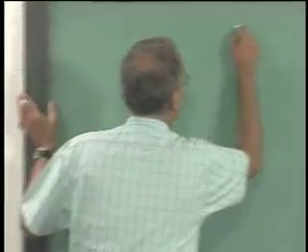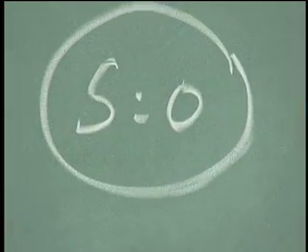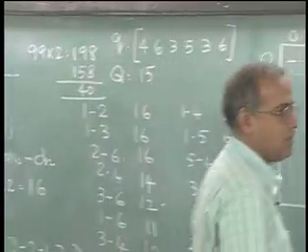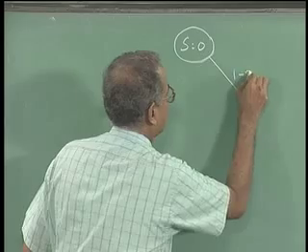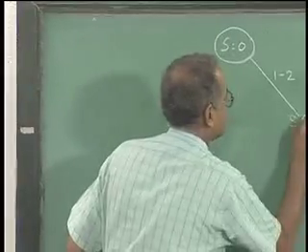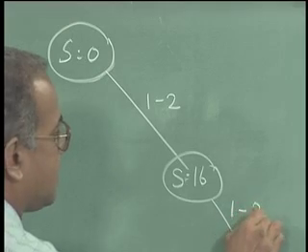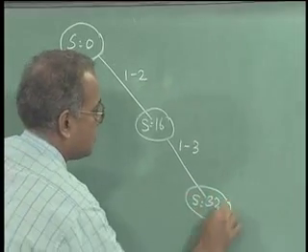So let us say we start with S is equal to 0, which means there is no saving. Now the first one from here is 1 2 with 16. So we say we use 1 and 2 together. Now saving is equal to 16. Then we use 1 and 3 together. So total saving is 32.